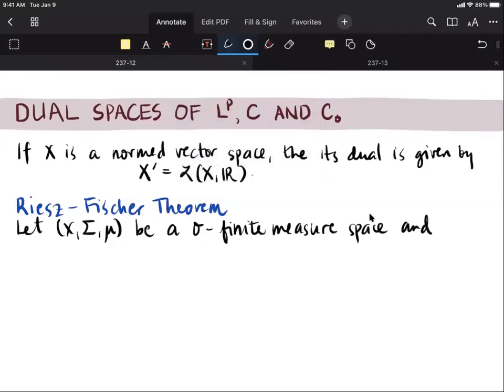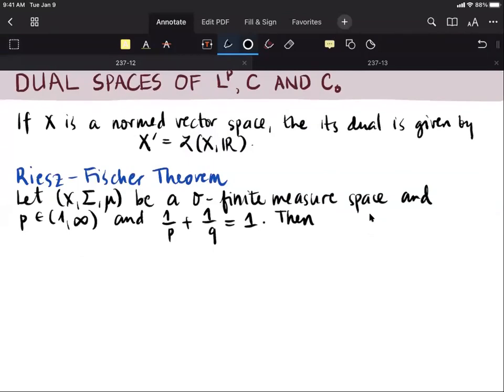And let's say P is in [1, infinity), and Q is the dual of P. More precisely, the sum of the reciprocals of P and Q is equal to 1. Then the dual of LP is isometrically isomorphic to LQ.